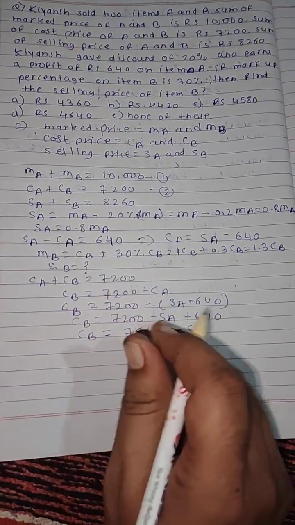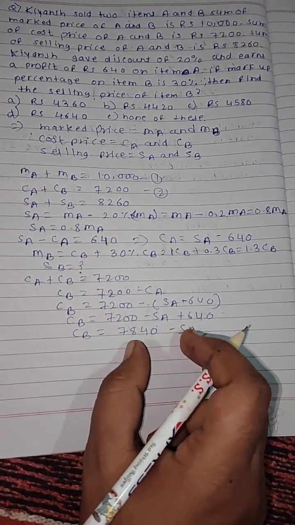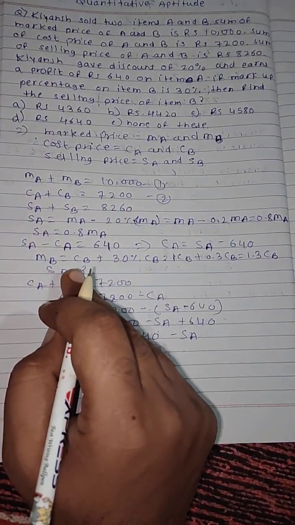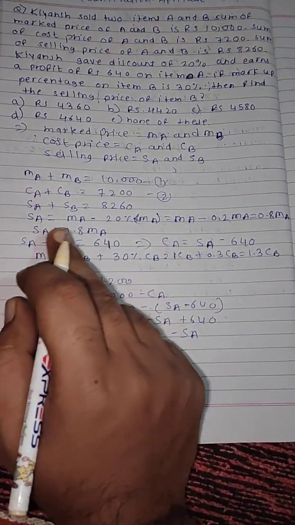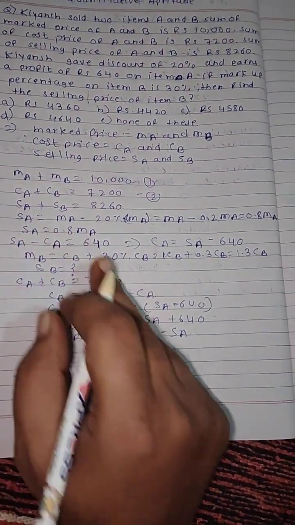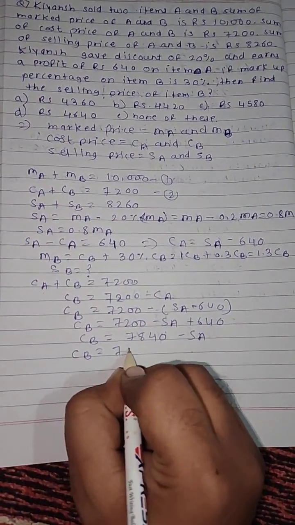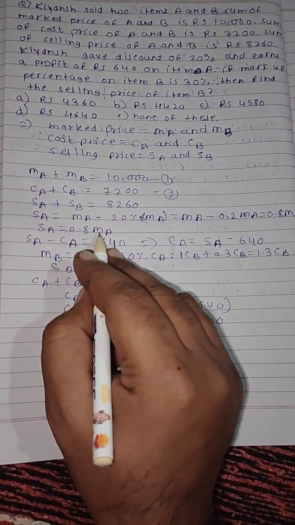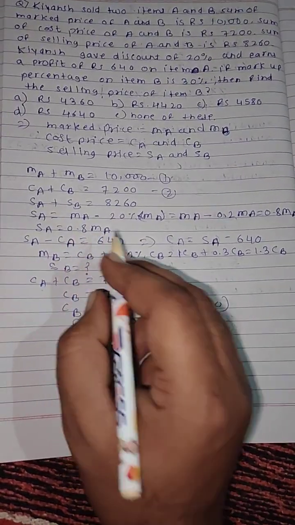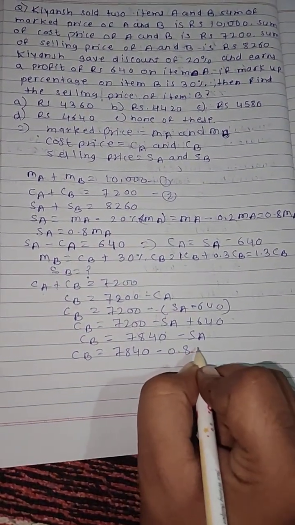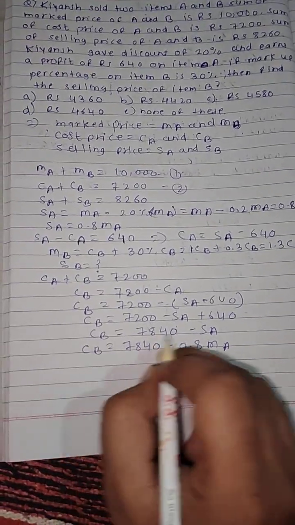So CB is this one. So SA we know. SA is 0.8 MA. So the value of SA we will substitute here. So CB is 7840 minus 0.8 MA. So CB we have found this.